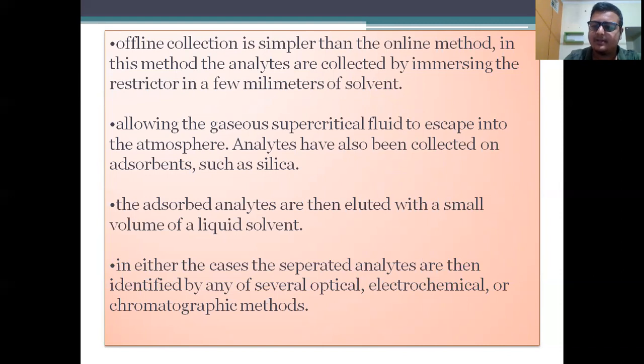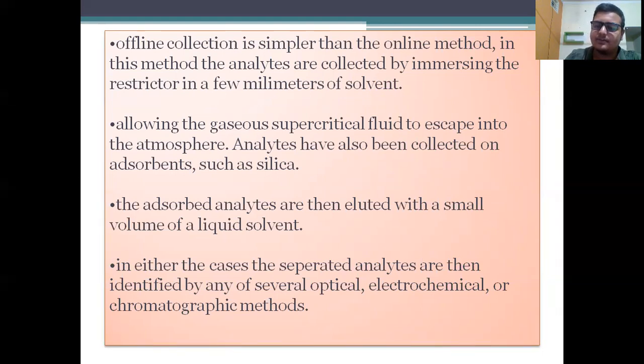the separated different components from the sample, to identify the different components present in the sample and to quantify the sample, we have to subject them to several methods such as optical, electrochemical, or chromatographic methods.